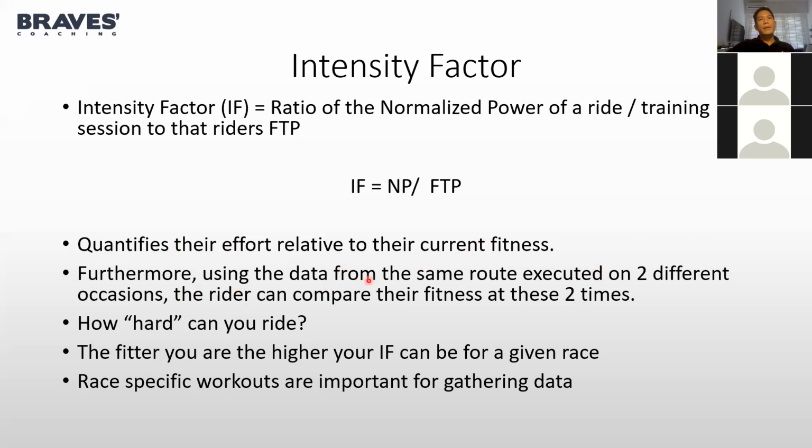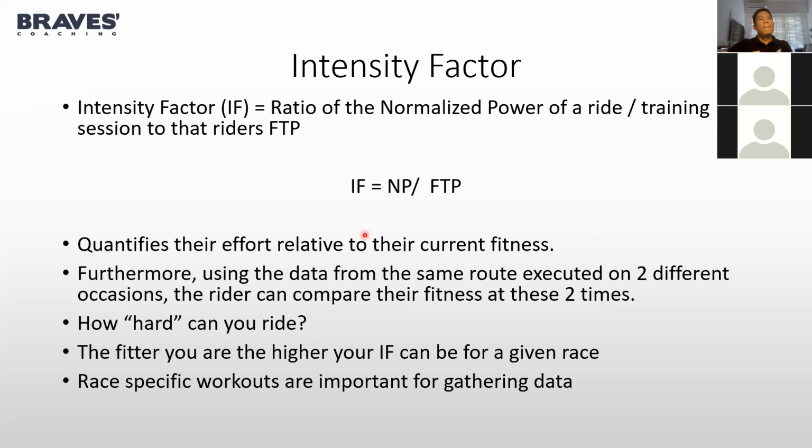If you're using data from the same route executed on 2 different occasions, the rider can then compare the fitness at these 2 times. So if you put out a ride in the pre-season or early season, and then you do the same ride during the race-specific season, you should be able to ride it at a higher intensity factor.